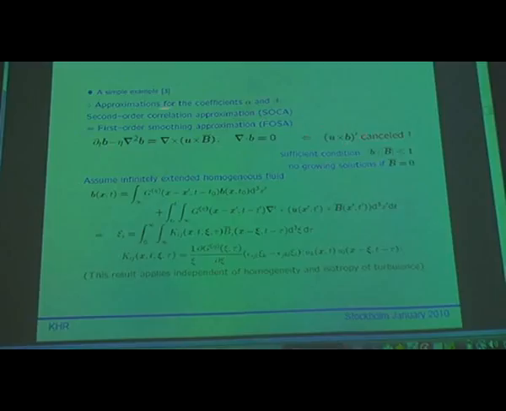This is just what we call the first order smoothing approximation, or the so-called second order correlation approximation. It's just that this term is cancelled. A sufficient condition is that b is much smaller than b1.